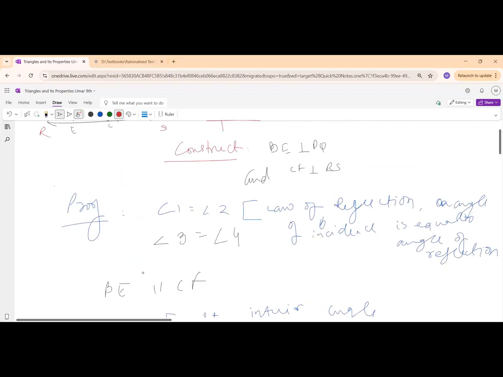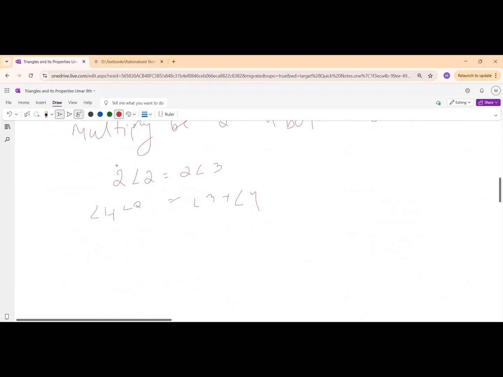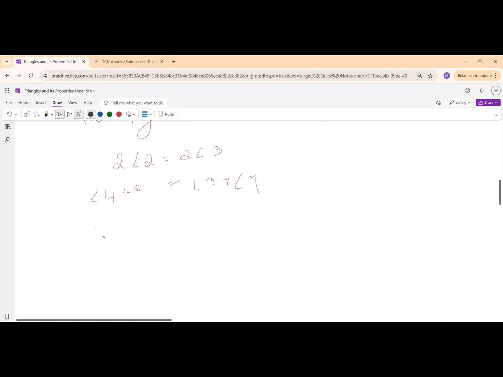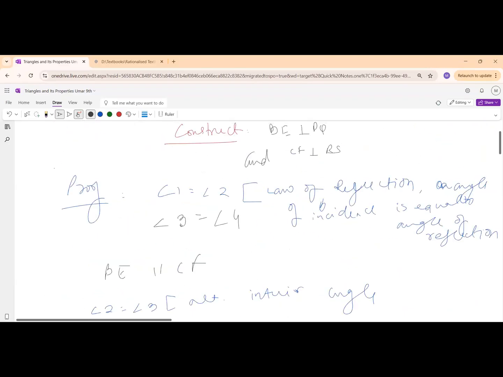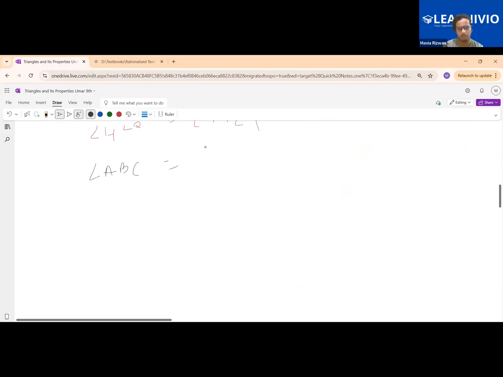Now, angle 1 plus angle 2 is nothing but angle ABC, and angle 3 plus angle 4 is angle BCD. So angle ABC is equal to angle BCD.